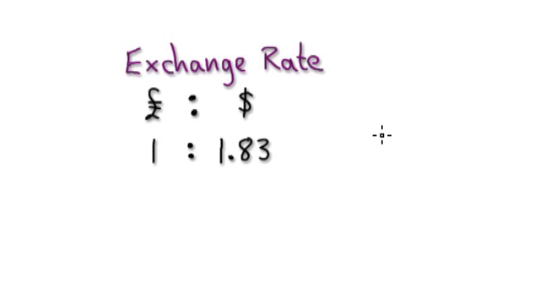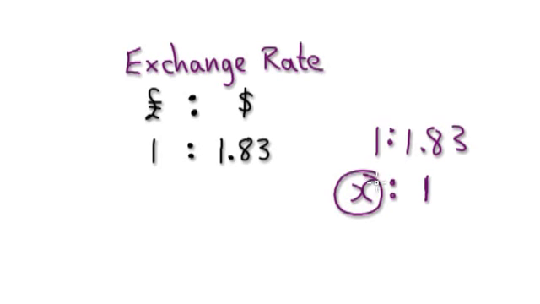Okay, so the way you do that is, you start by writing your ratio, 1.83. Now you want to jump to the 1. So here, you want to find out the amount of pounds. Well, you would start here, and then jump to the 1 here.